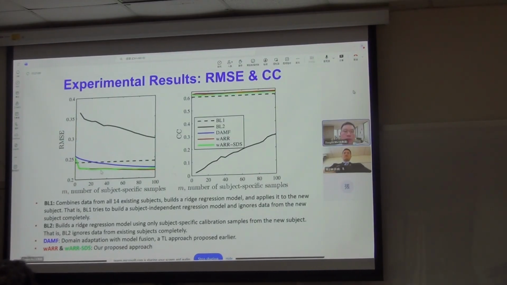And also, our new approach converged very fast. From this figure, we can see that we only need 12 calibration trials, then its root mean squared error almost converges. So these results suggest that this new approach has a very short calibration time and very good performance.